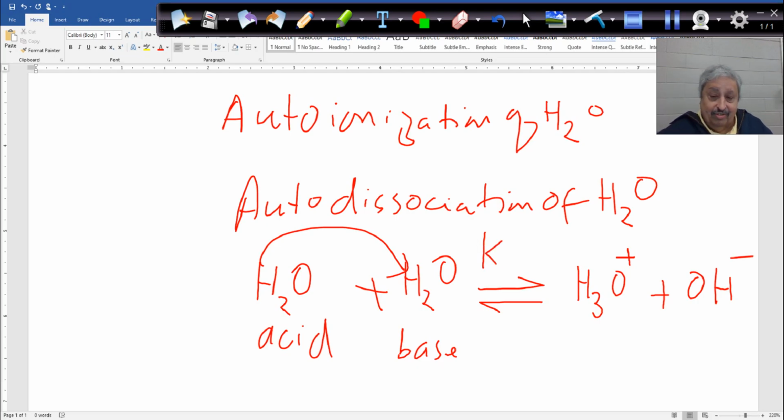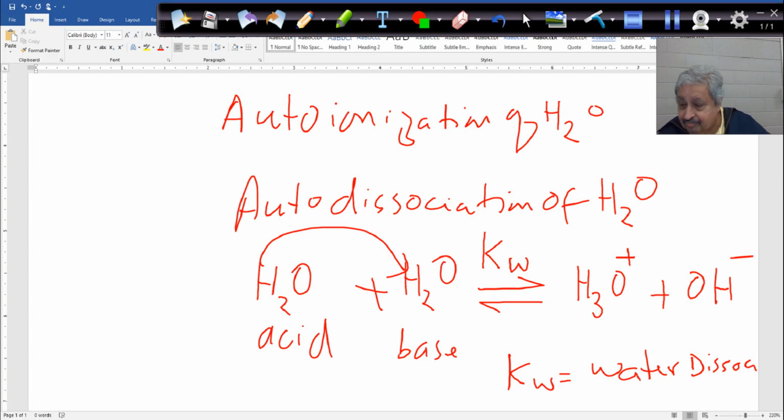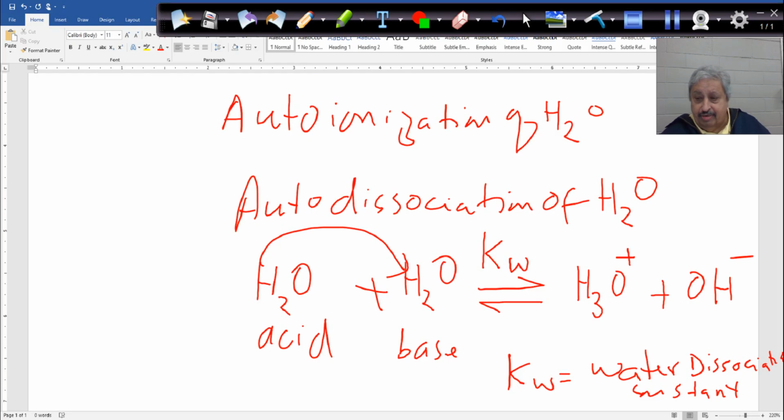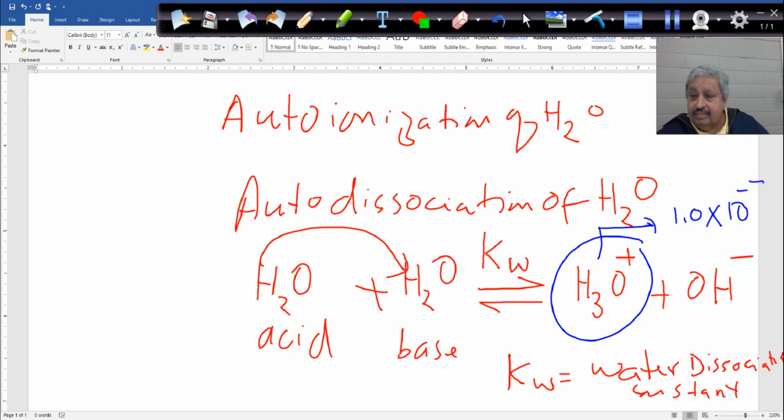And instead of Ka, we'll say Kw. The Kw here is the dissociation constant of H2O. It was found by experiment that this concentration is equal to 1.0 times 10 to the minus 7 molar, and this one is the same, both of them 10 to the minus 7.